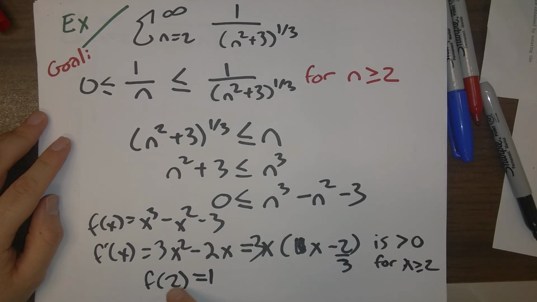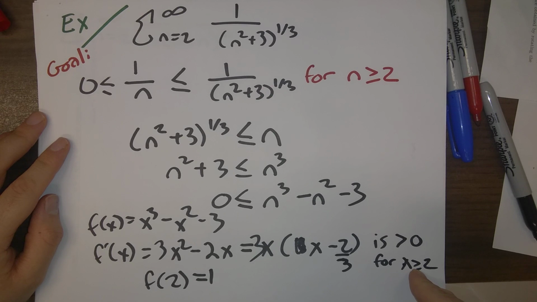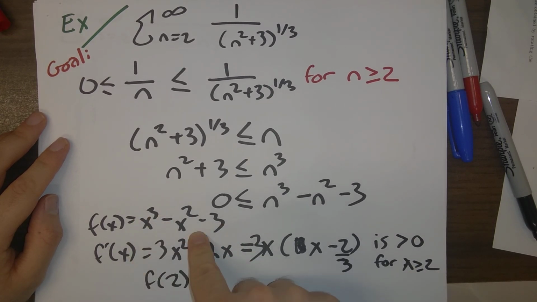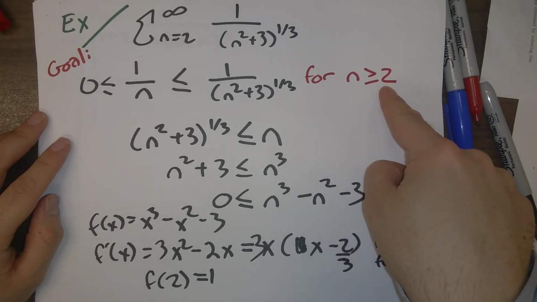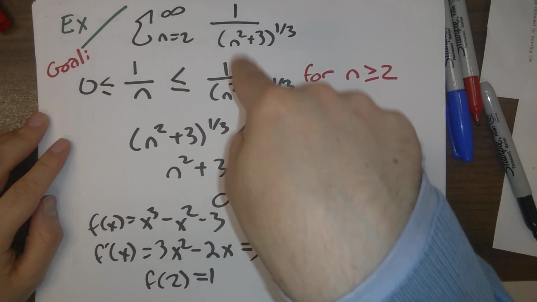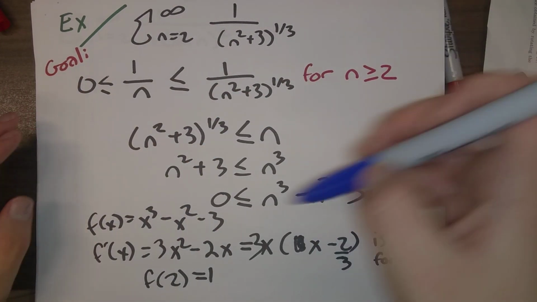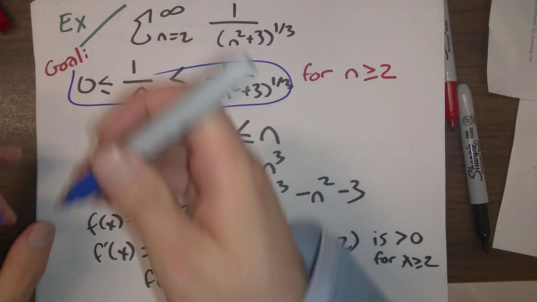So what's our conclusion? This function is positive at 2. The derivative is positive for x greater than or equal to 2, so this is increasing. So this is greater than or equal to 0 for n greater than or equal to 2. Chase it all the way back, this inequality we can satisfy.